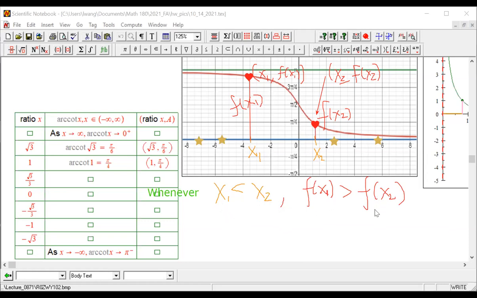And the relationship of the output will be reversed. That's decreasing. So that's the visual. Do you guys see that? x1 is less than x2, but f of x1 is larger than f of x2. That's decreasing.